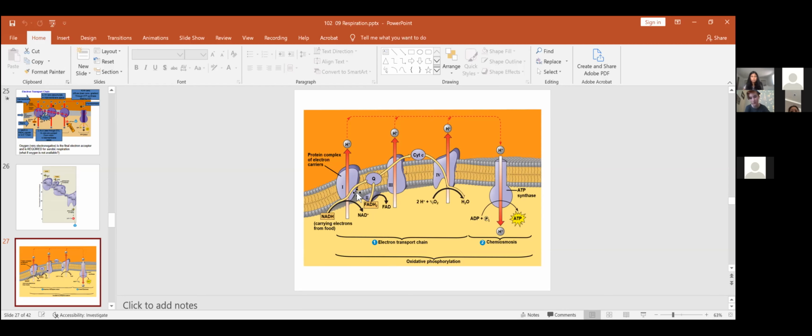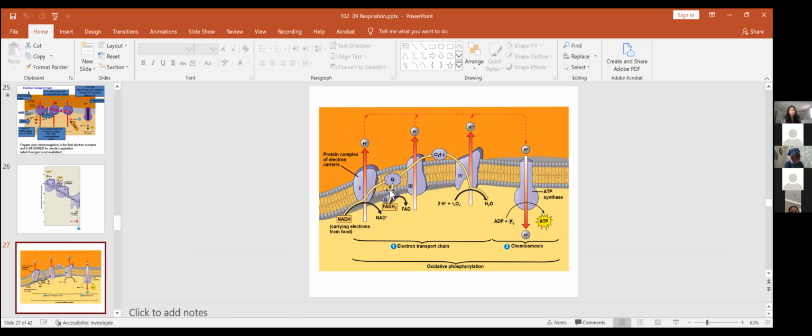So they become reduced and then oxidized in turn. But as they pass the electrons from protein to protein to protein, the energy of the electrons decreases. And it's the energy that the electrons are losing, in a sense, that these proteins are using as the energy source to pump protons, hydrogen ions.